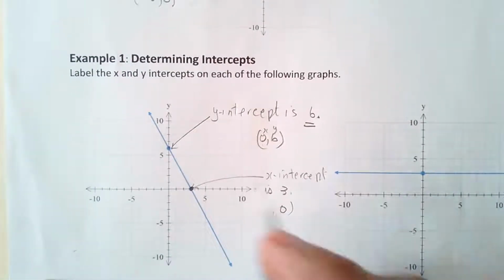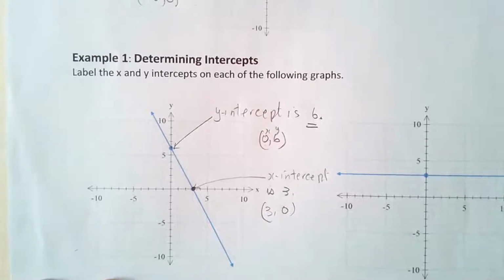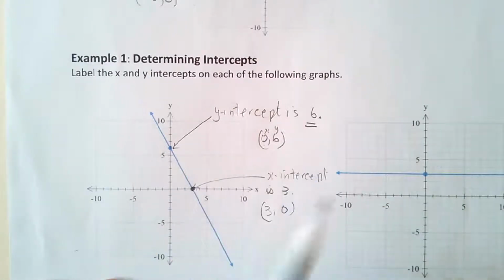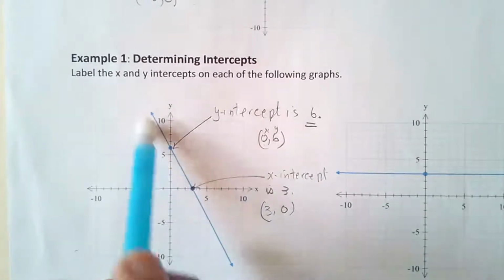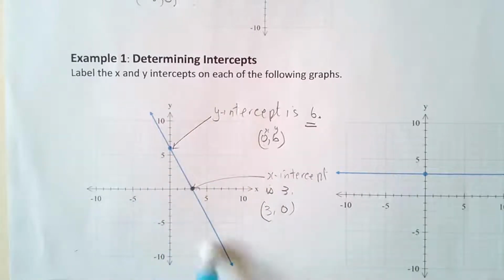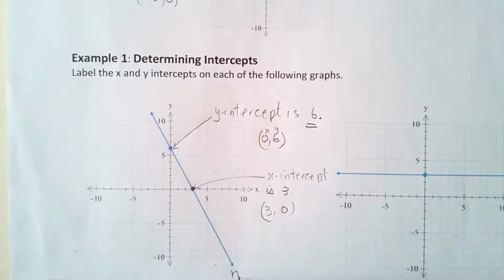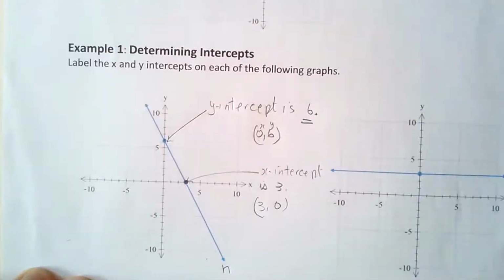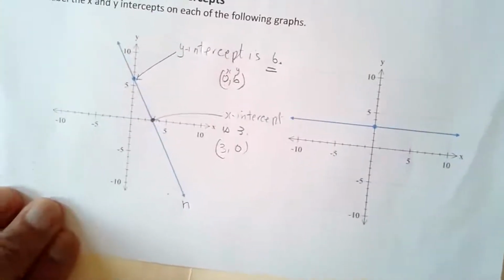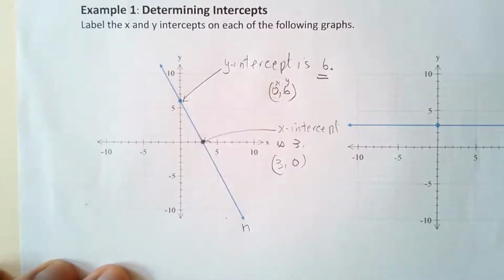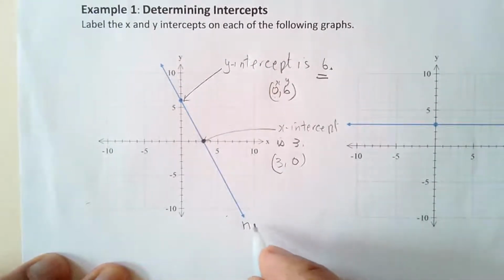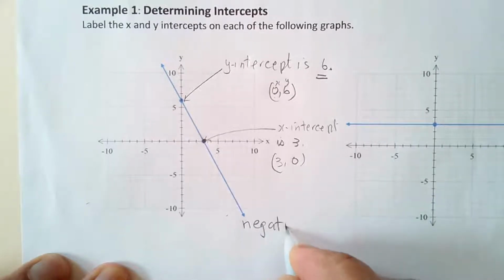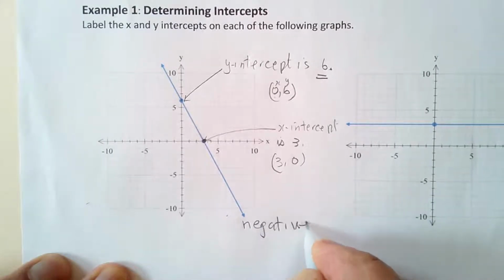Now, someone might ask, in the previous lesson we looked at the slope of this line. And this slope here would be a negative slope. So we say the slope is negative.